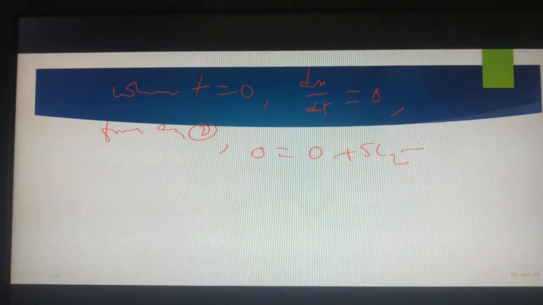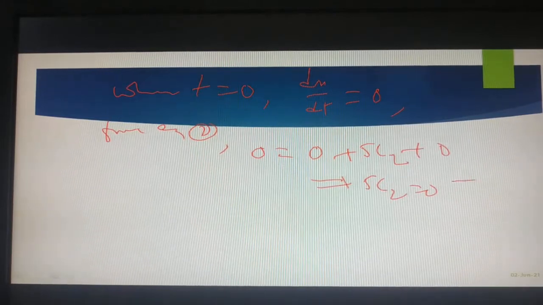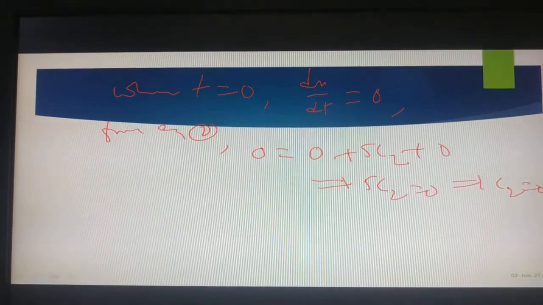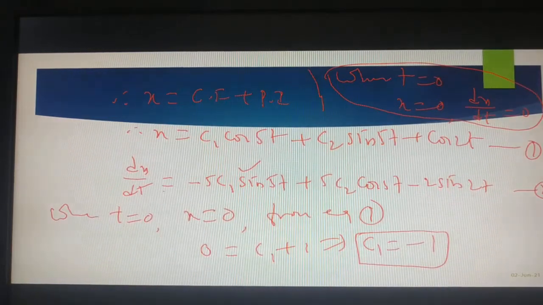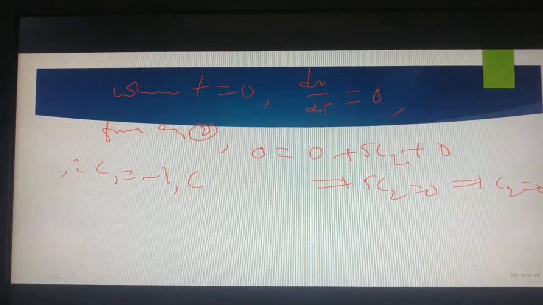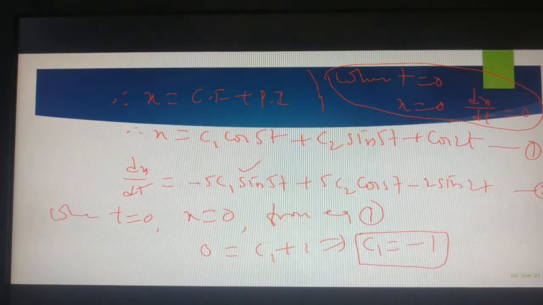This value is 0. So from this 5 c2 is equal to 0. That means the c2 value is 0. So we have the c1 value, how much? Minus 1. The c2 value is 0. These two we should substitute in equation 1, in this equation.